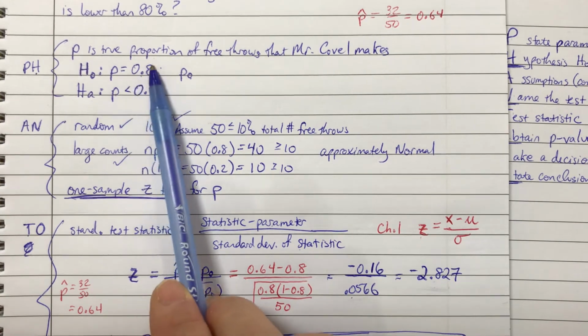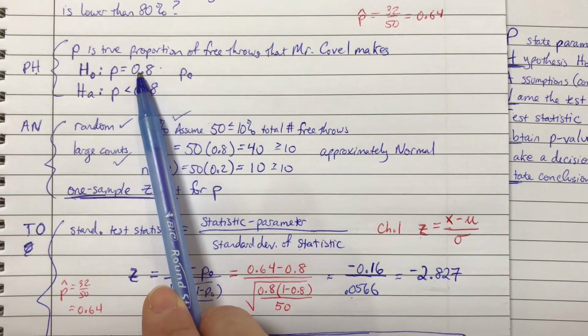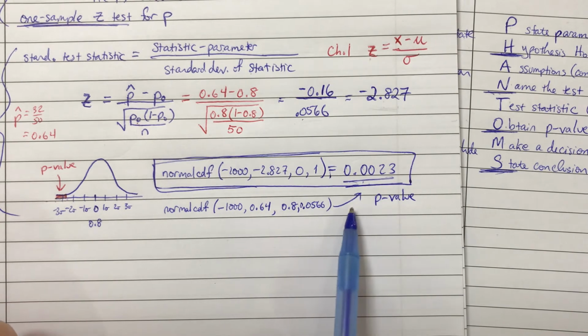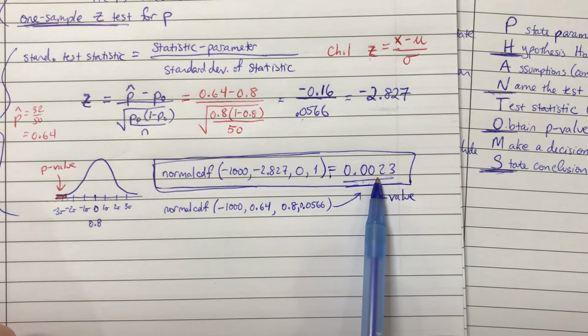So if Mr. Cavell is correct, if this is his true proportion of shooting free throws, the probability that he gets 32 out of 50, 64%, is less than 1%, 0.002. In other words, it is almost impossible for this to happen by random chance.